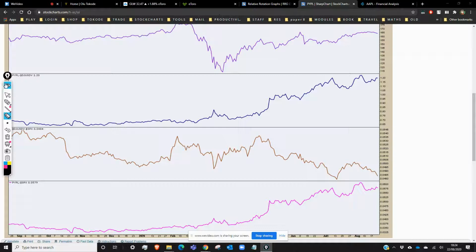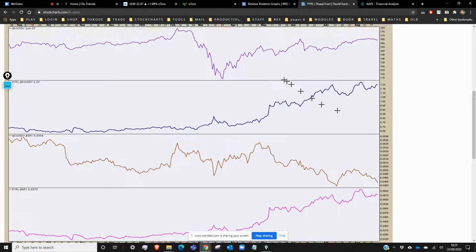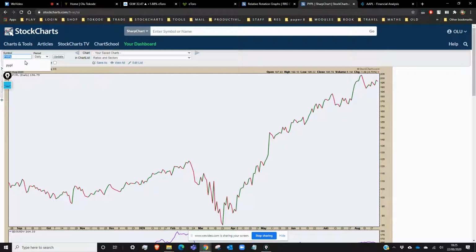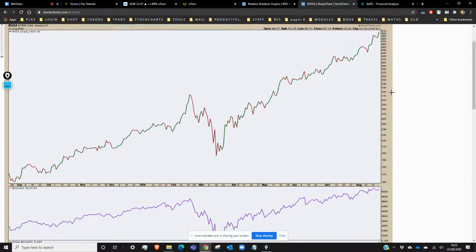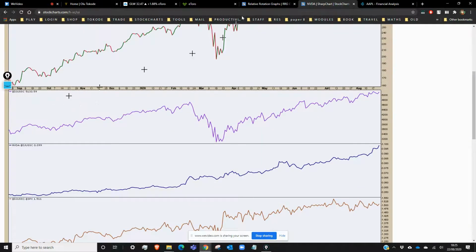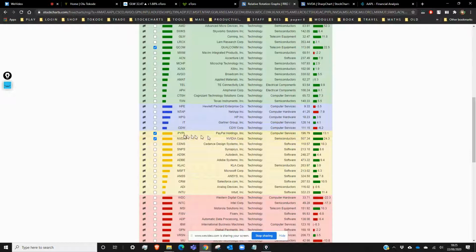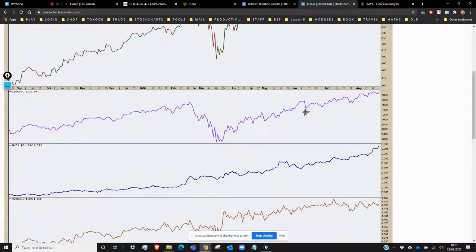Okay, I'll compare that with NVIDIA, NVDA. All right, this is NVIDIA. That's a nice chart. NVIDIA's industry is semiconductors. Okay, that industry is doing well.